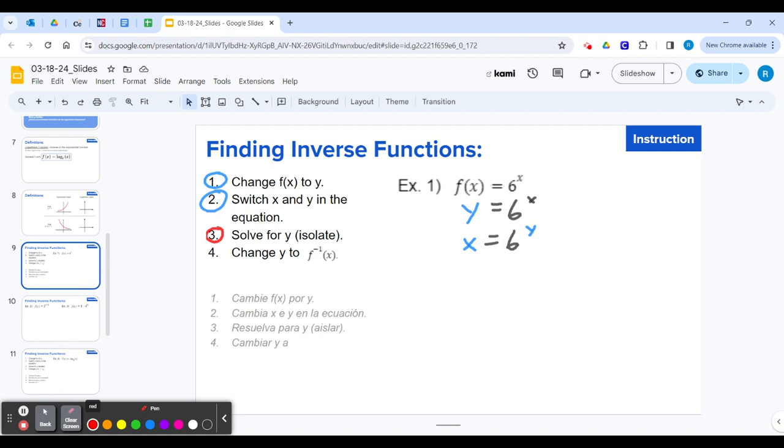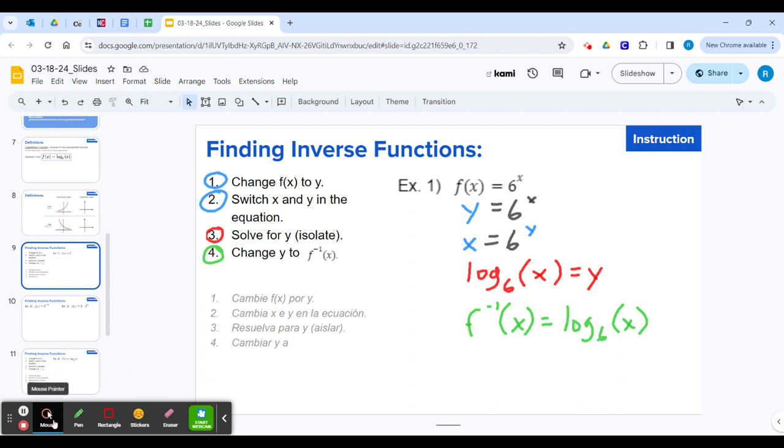So now I get the log base 6. My exponent is y, and I have x in the middle there. So there we have already isolated y by itself. So now I just need to change that y to f of negative 1. I'm also going to write it left to right as well. So my inverse is just the log base 6 of x.